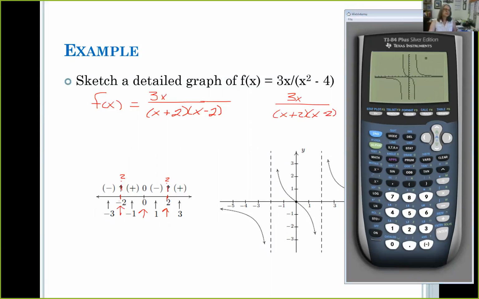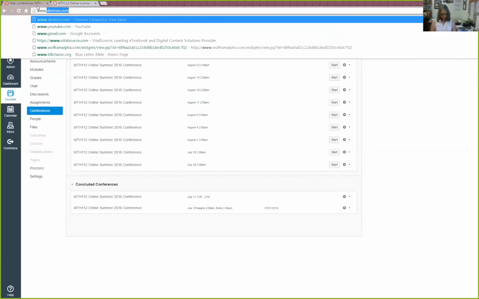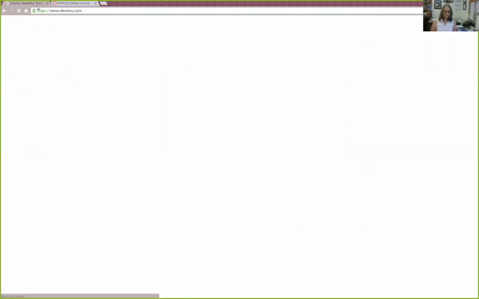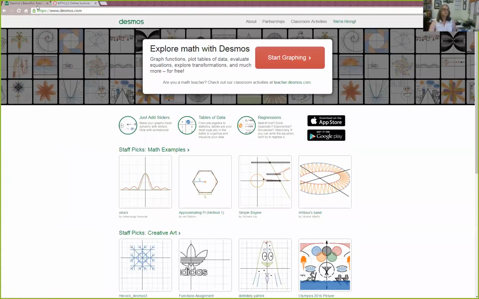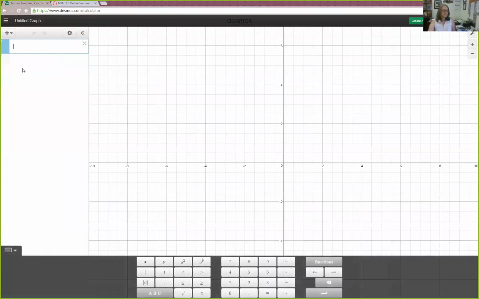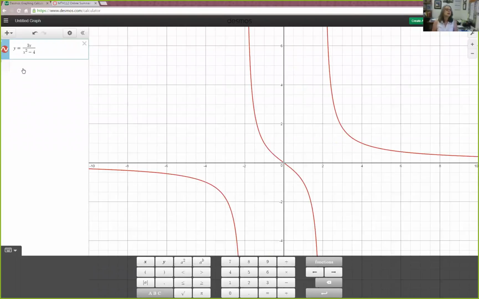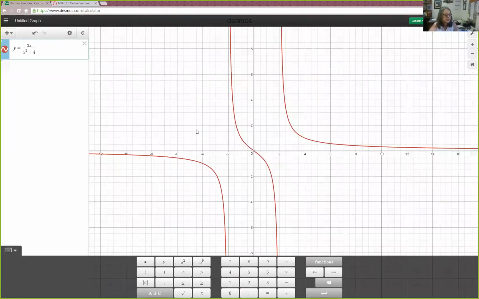If we take a look at what Desmos does, y equals 3x divided by x squared minus 4. You see Desmos also just graphs the function.